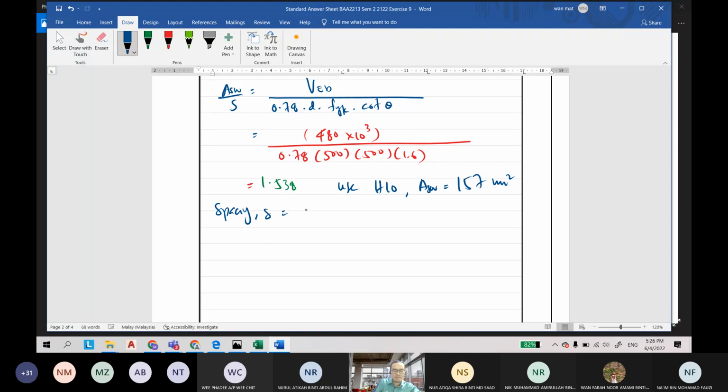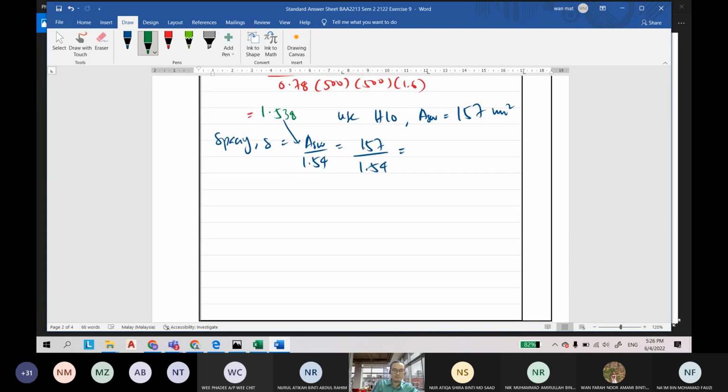So ASW is 157 millimeter square. So spacing S is equal to ASW over 1.54. So it's equal to 157 divided by 1.54 equal to. Any answer? 157 divided by 1.54 is 101 mm.